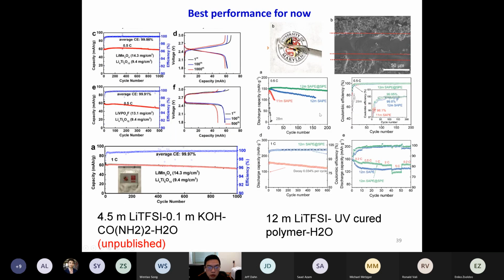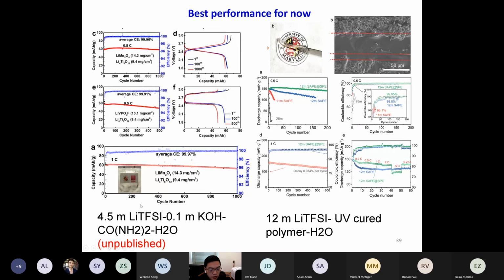So with all this effort, we can achieve a very good stability window for the aqueous lithium-ion battery. And I just want to show some of the best performance we achieved lately in Maryland. The first system, I have to mention that right now, pursuing a larger stability window is not the only thing we want to pursue.